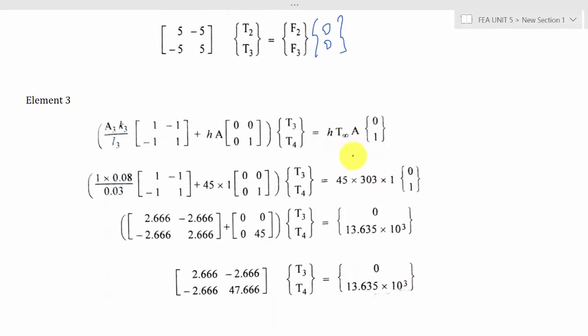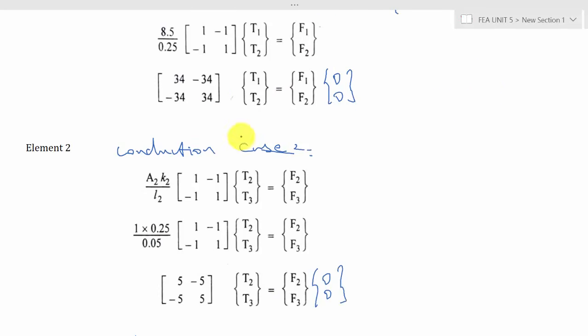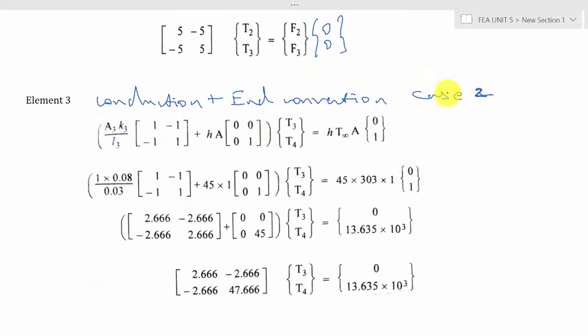Now element 3 has both conduction plus end convection. If it is conduction, it is case 1. Sorry, don't get confused. Here it is case 2, since it has conduction and end convection.